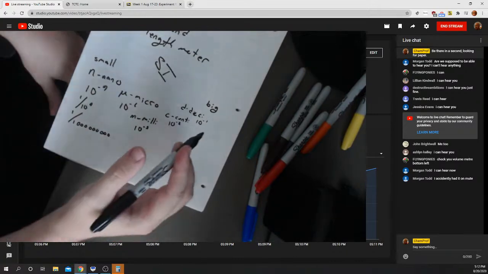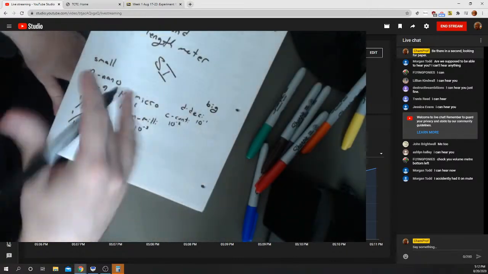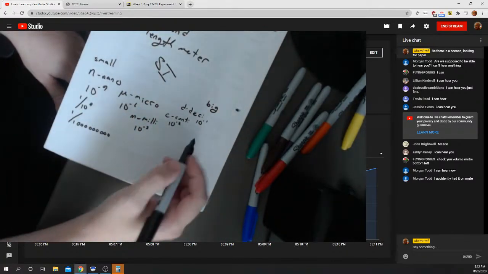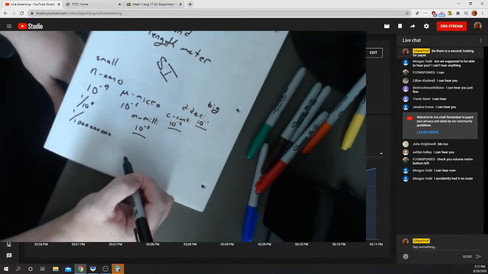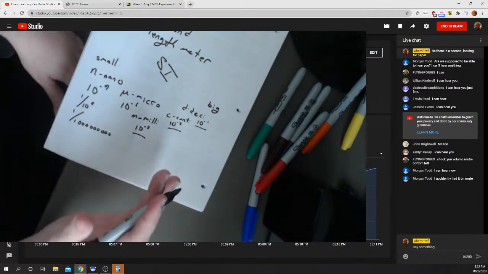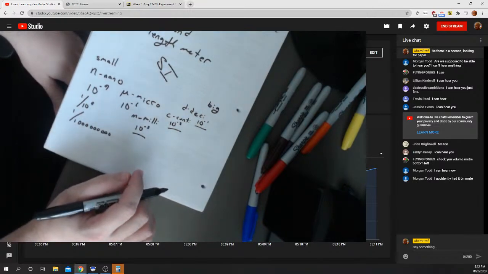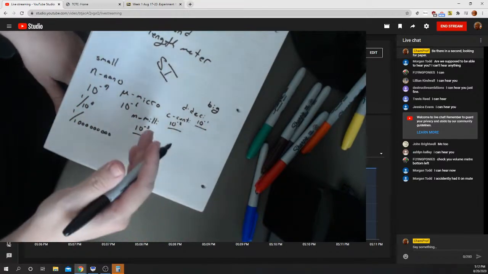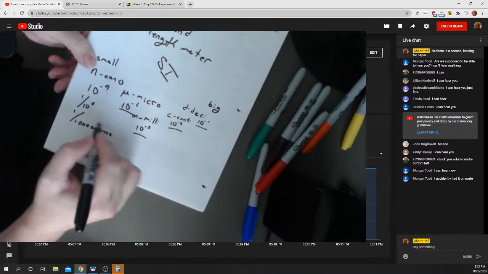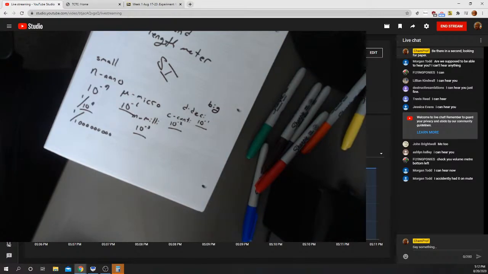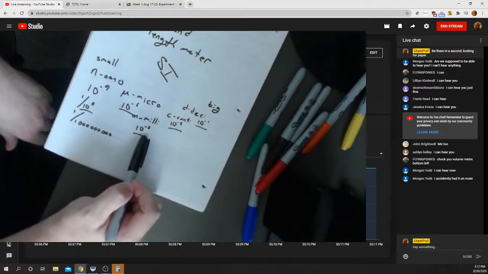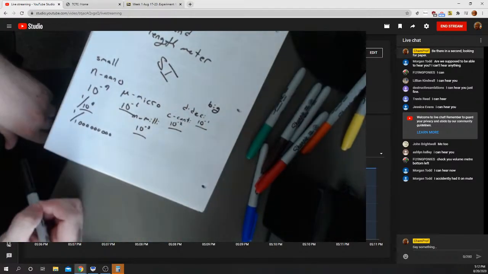So as you get closer and closer to the base unit, we start to go in jumps of powers of 10. But getting further away, it doesn't make sense to use those powers of 10, so we start going by powers of 3. So 1/10th, 1/100th, 1/1000th, 1/1,000,000th, 1/1,000,000,000th.